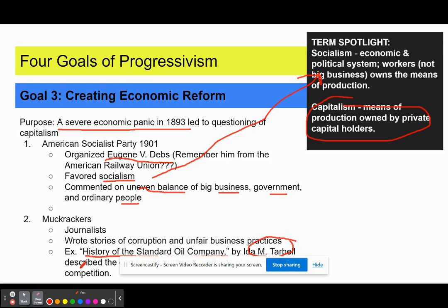And she described the company's cutthroat business methods and how this created competition, or they eliminated competition so it wasn't fair. They made a lot of money on something that a lot of people needed.